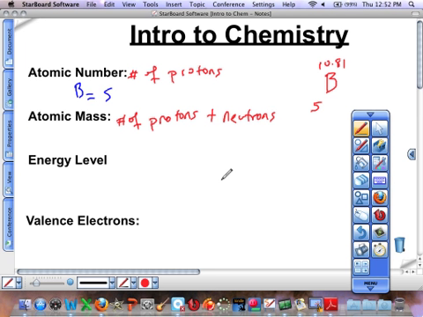For this introductory science course, we're often not going to worry about the 10.81. We're going to worry about the rounded value. So 10.81 can be rounded to what number? 11. A lot of times you also hear that as the mass number, which is not the same as the atomic number. The mass number is just the rounded value, so therefore 11.